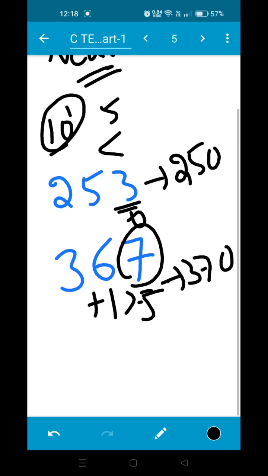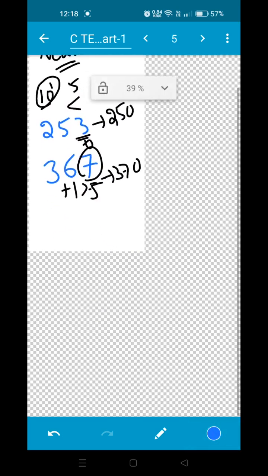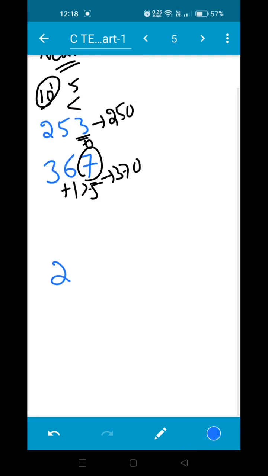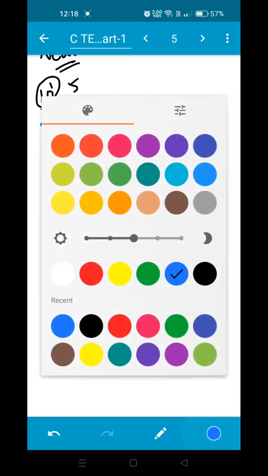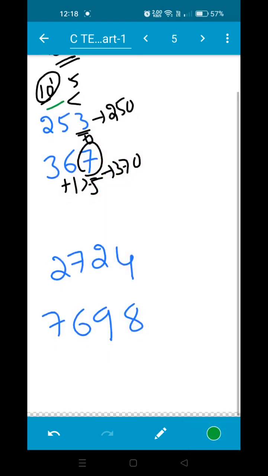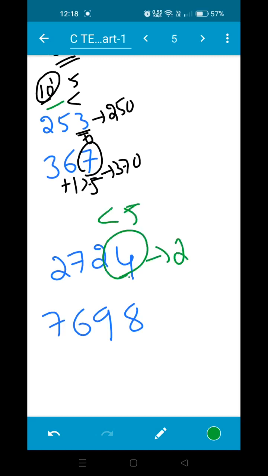So that is nearest tens. Let us take one more example: 2724, another number 7698. Again the same question, nearest tens. Here the units digit is less than 5, so what do we need to do? Keep it as 0. So 2720 is the nearest 10.